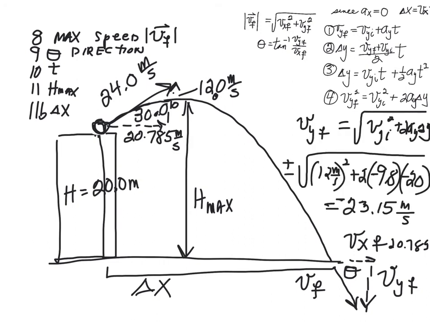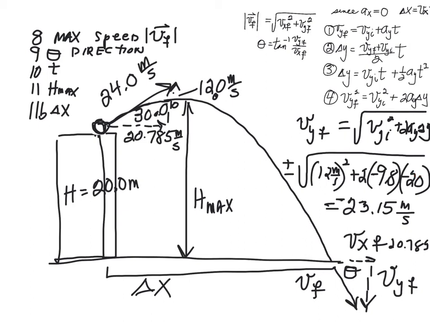Okay, this should be straightforward enough, but there are some tricks, some pitfalls here that you've got to worry about. So take this equation, take the square root of this, and then put the numbers in. So this is Vy initial squared plus 2ay delta y.